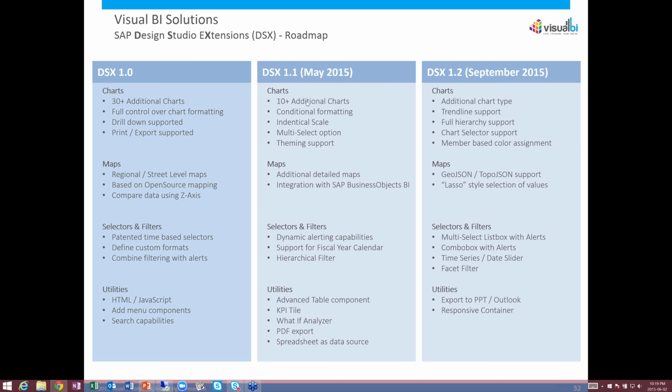Option number two is that in 2 to 3 months, we will have the ability to support GeoJSON, or TopoJSON would be an alternative. You could create your GeoJSON definition and hand it to our map, and our map would then leverage your definition, and you would then be able to plot the data, for example, from HANA or BW onto the map.